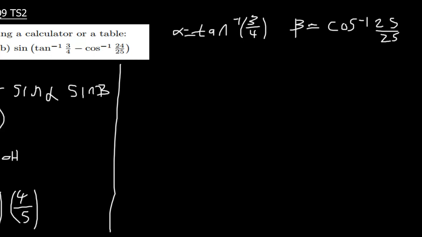I've just made a mistake, this is supposed to be 24. So beta is the cos inverse of 24/25.